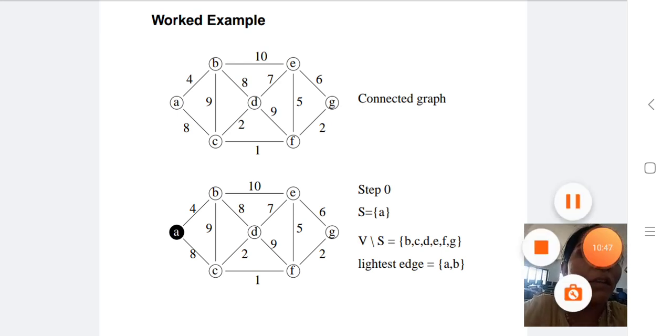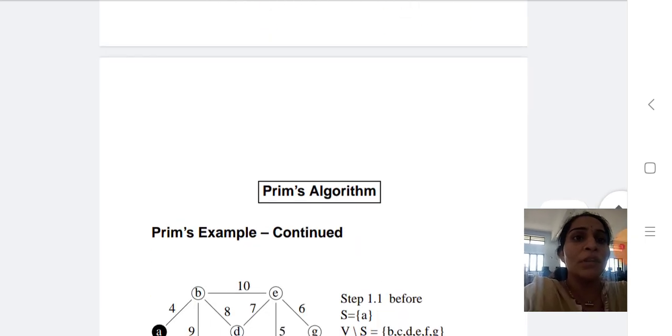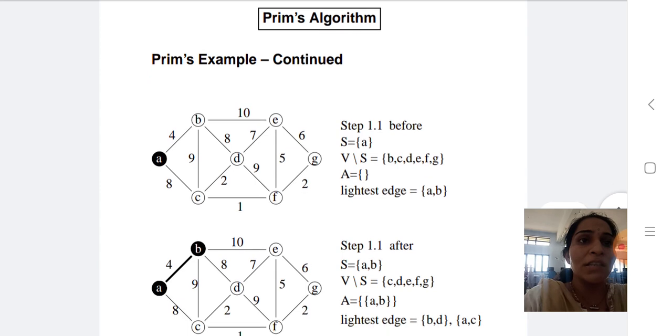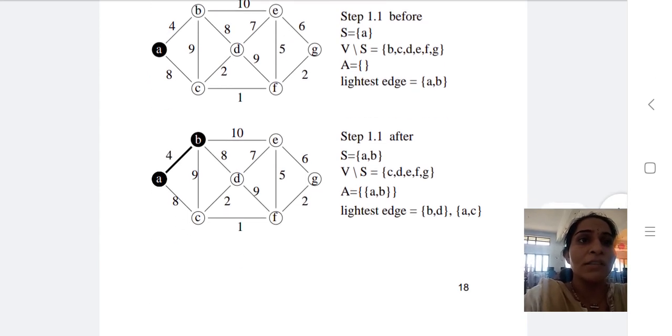The lightest edge is AB, since its weight is minimum between 8 and 4, so AB is chosen. Now in the next stage, S contains vertex A and the remaining endpoints are B, C, D, E, F. The lightest edge is AB. A remains empty. Now in the second step, A becomes AB and the remaining vertices are C, D, E, F, G.